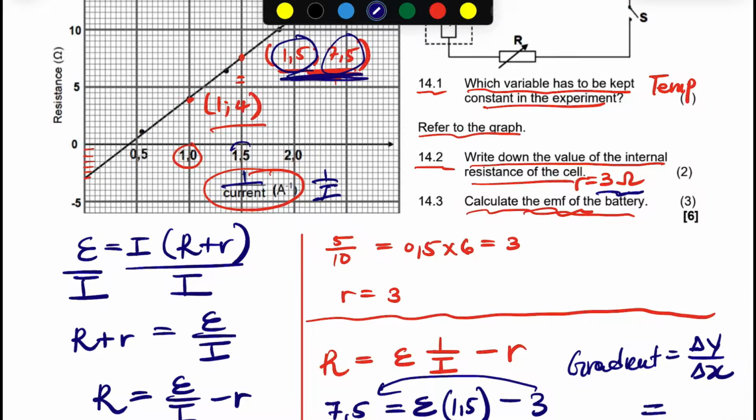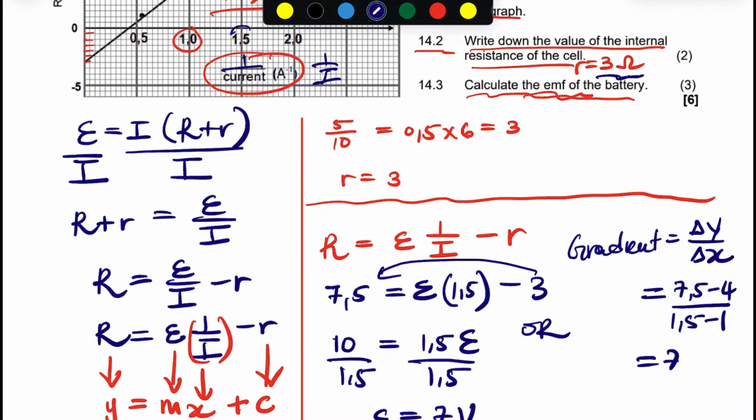I'll say 7.5 minus 4 divided by 1.5 minus 1. So if I punch that in the calculator, it's 7.5 minus 4 divided by 1.5 minus 1. The answer is 7.